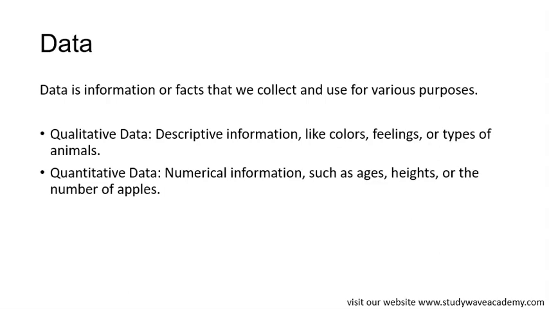We're just going to be looking at two types of data today: qualitative data and quantitative data. Qualitative data is descriptive information, like colors, feelings, or types of animals.